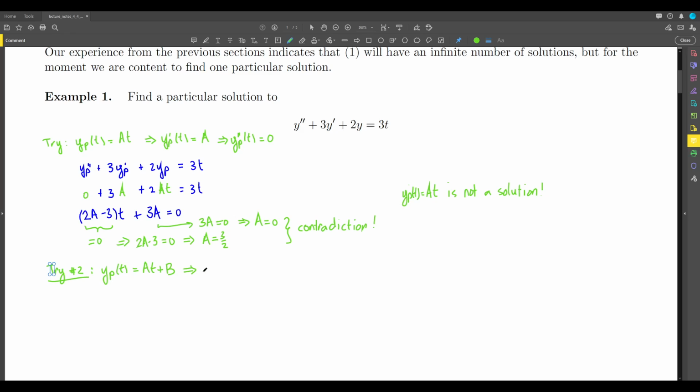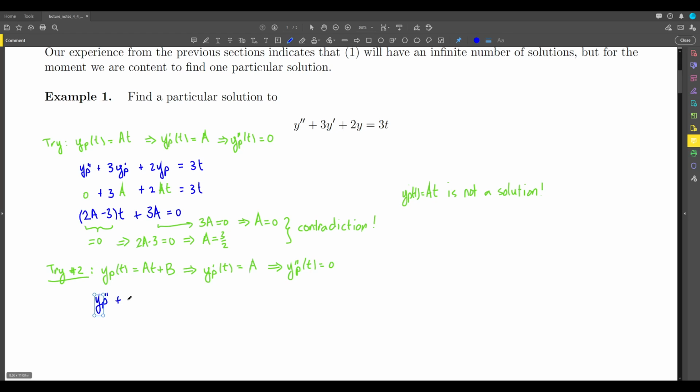If we try that, then yp'(t) is going to be a, and yp''(t) is still going to be 0. So now let's plug that in and see if we can make that work.